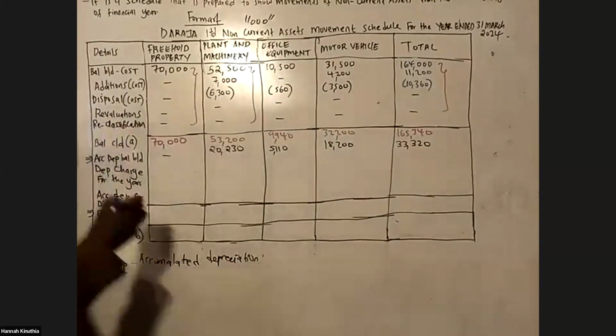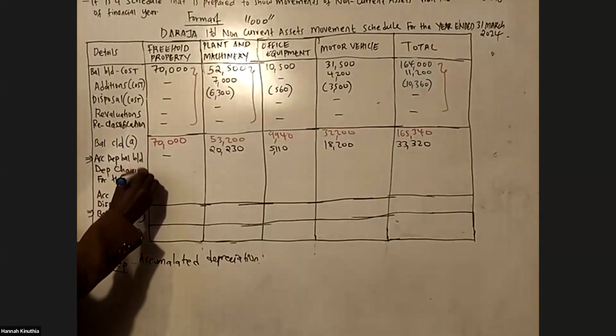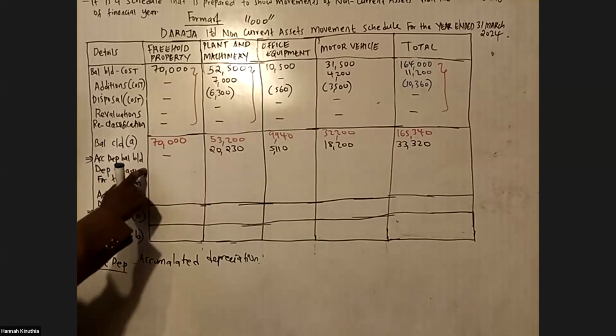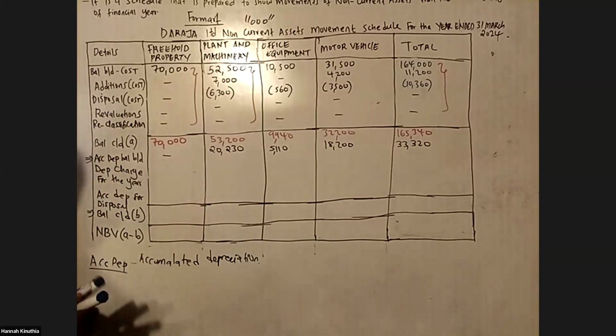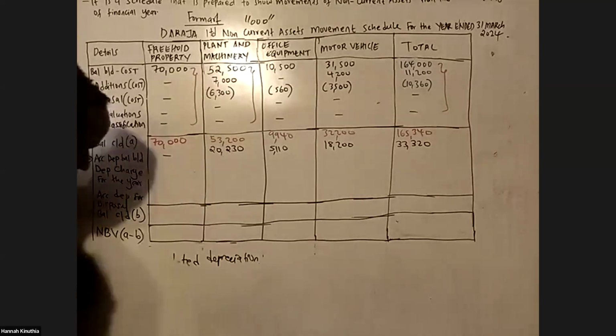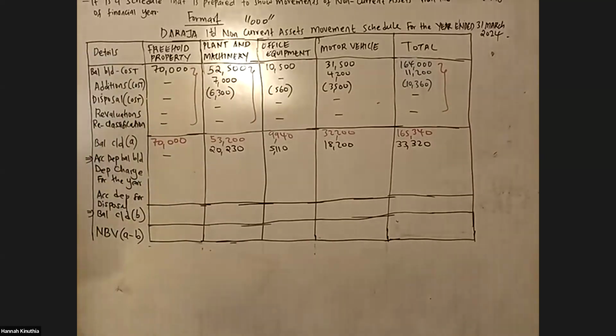Now this one needs a working. We put a star. We shall do a working. Actually zote they require a working. But let us first see if we have accumulated depreciation for disposal. Kama hakuna, we need a working.